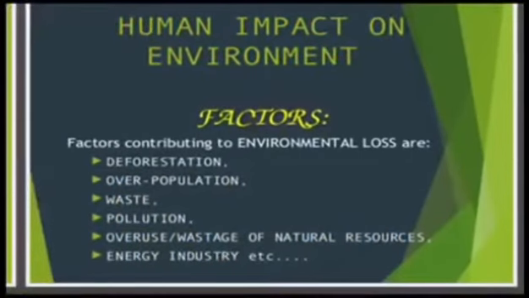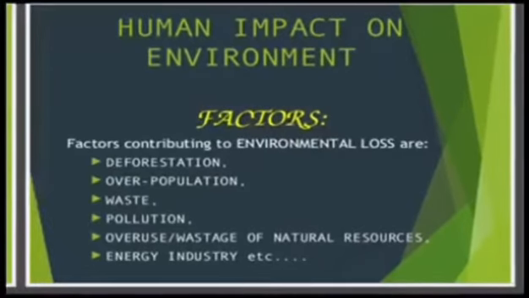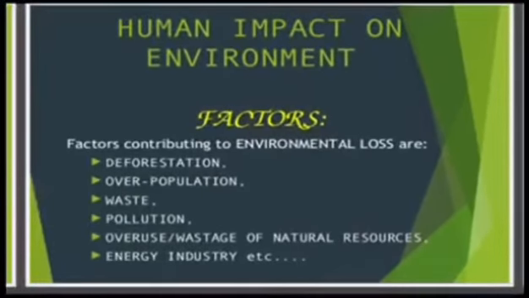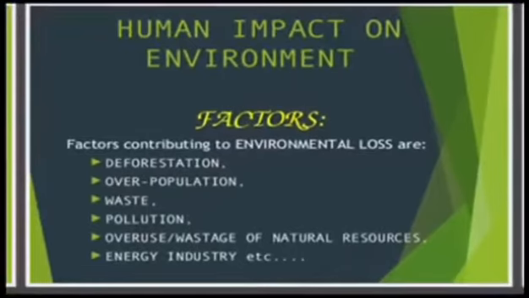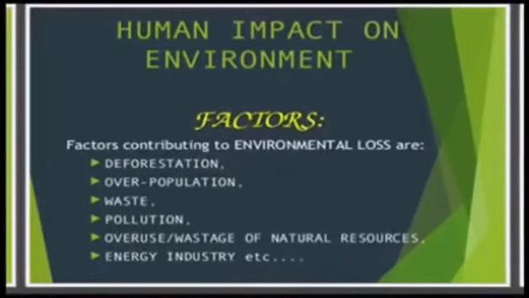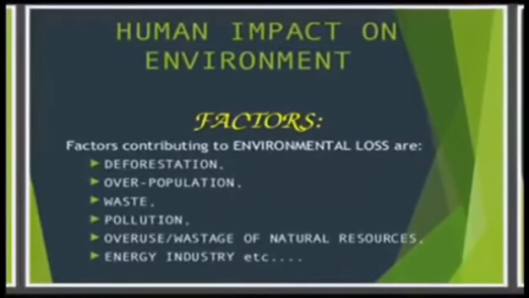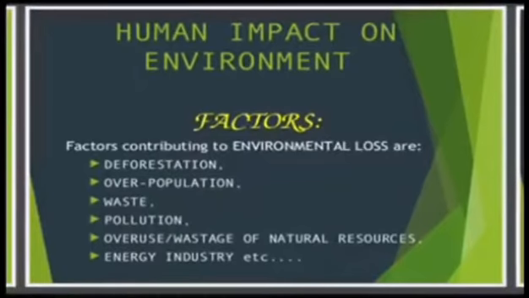So the factors contributing to human impact on environment are deforestation, overpopulation, waste, pollution, overuse and wastage of natural resources or energy, industry, etc. And we will talk about all these factors in detail separately.